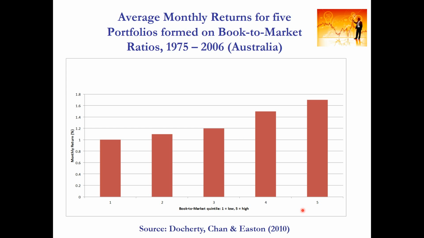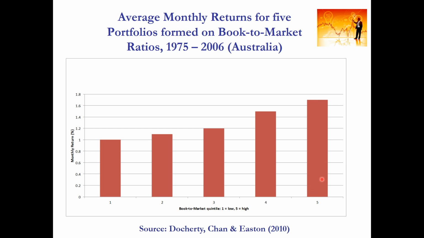So what I have done here is I have taken this example from this paper, Doherty, Chan, and Easton. They have created quintile portfolios from a period of 1975 to 2006 based on book to market. So here quintile one is the portfolio that has the lowest book to market ratio, and quintile 5 has the highest book to market ratio.